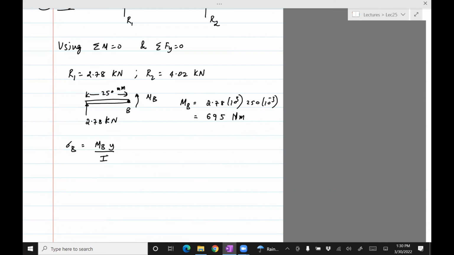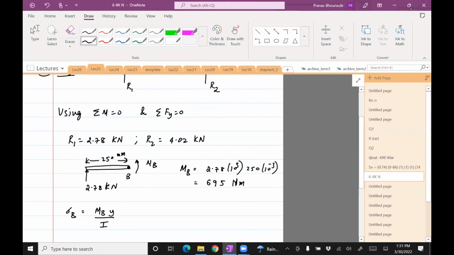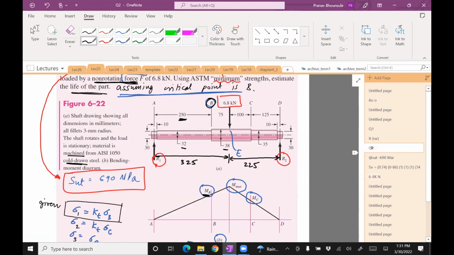So to compute that, we need to find the point of maximum stress. That would be when y is maximum and y is measured from the neutral axis. So if you look at this, it should be at the radius. But if you look over here, of the 2 points, we can choose either diameter to be 32 or 38. We go with 32 because it has an inverse diameter relation. So the smaller the diameter, the bigger is the stress.